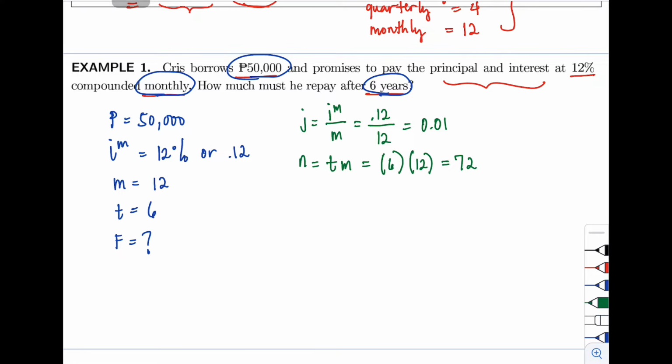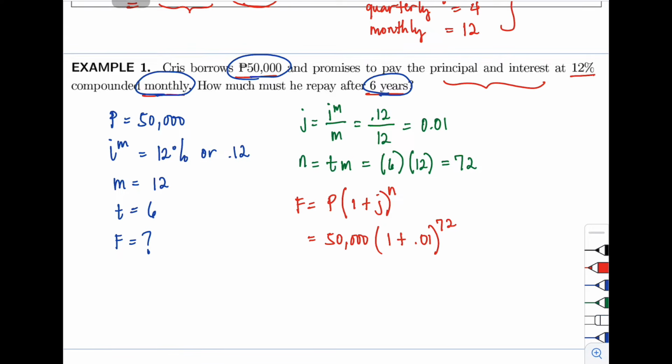Okay? So, after natin, guys, ma-solve si J and N, pwede na natin gamitin yung F equals P times the quantity of 1 plus J raised to N para ma-solve yung ating maturity value. Okay? So, substitute natin guys. Ang P natin is equals to 50,000 times the quantity of 1 plus J. Ang J natin is 0.01 raised to 72.